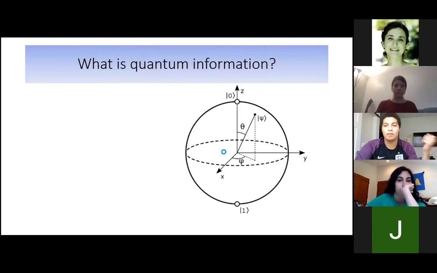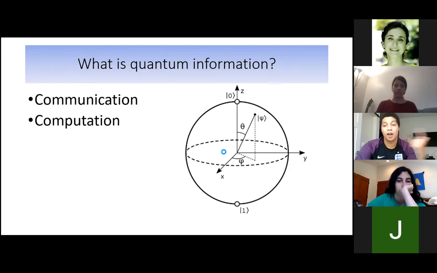And so what do I mean when I say quantum technology or quantum information? What I really mean is harnessing and utilizing the quantum degrees of freedom of a system for typically these three purposes: communication, computation, and even precision measurement.